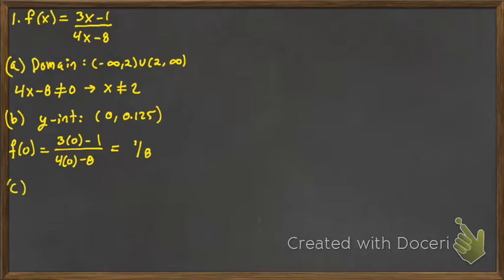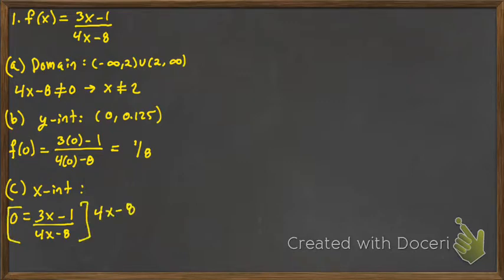For the x-intercept, that means the y, or f of x, is equal to 0. So 0 is equal to 3x minus 1 over 4x minus 8. Now, in the description, previously I said it's really only when the top is equal to 0. If we multiply both sides by 4x minus 8, on the left-hand side you have 0, so 4x minus 8 times 0 will be 0. On the right-hand side, the 4x minus 8s cancel, and you have precisely the top equals 0.